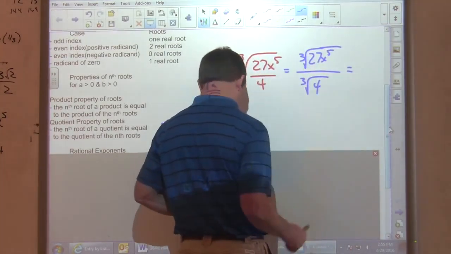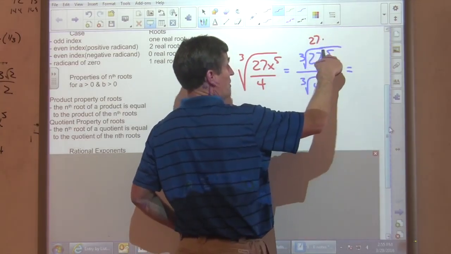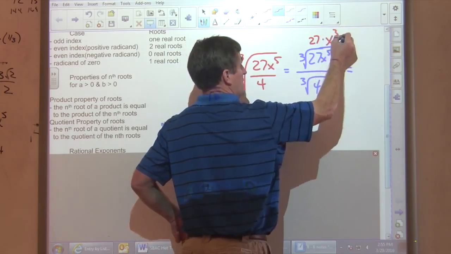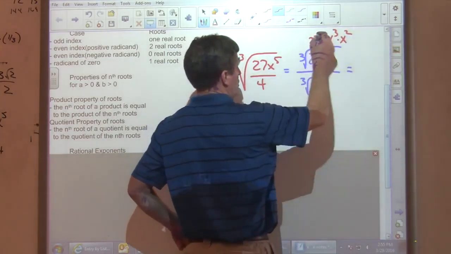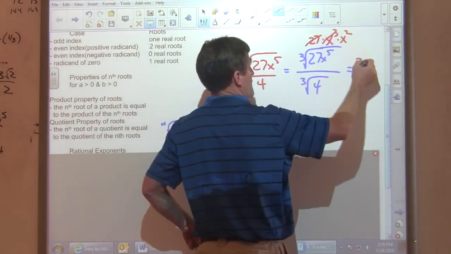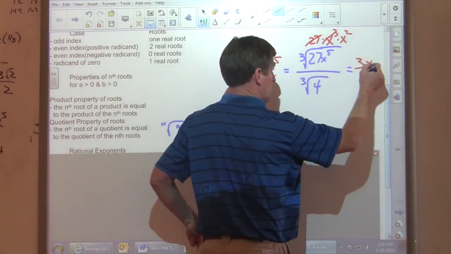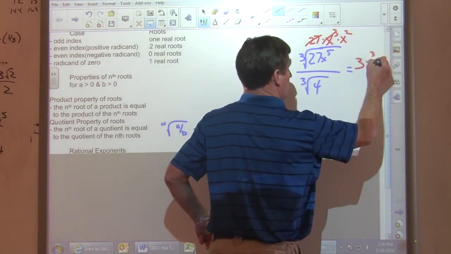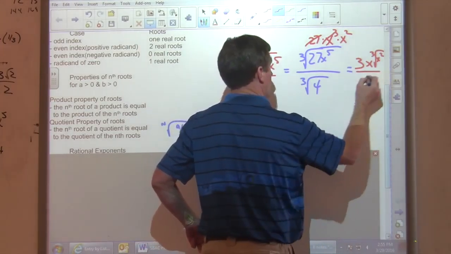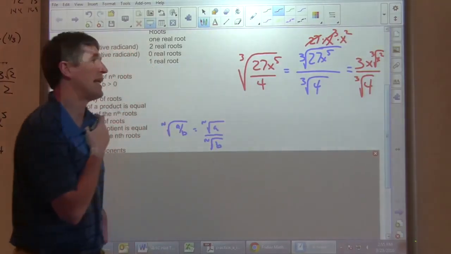So I'm just going to put 27 up here. 5 is not divisible by 3, but I can break it up into x to the 3rd times x squared. So the cube root of 27 is 3, so that's gone. The cube root of x to the 3rd would be x. And then I can't take the cube root of x squared, so I'm just going to put the cube root of x squared there.